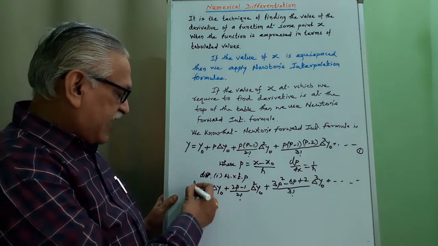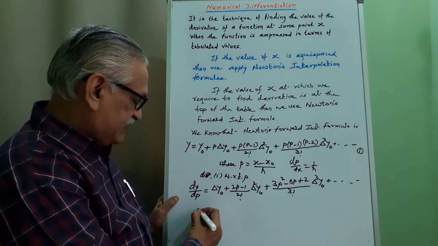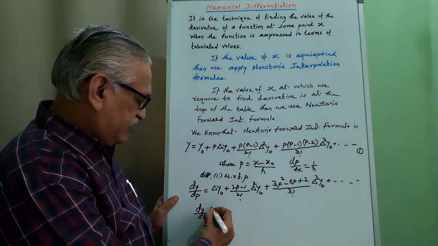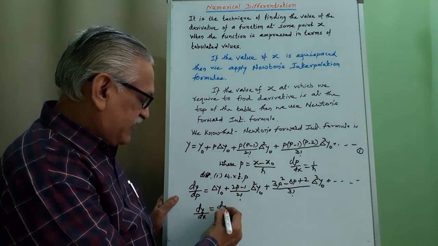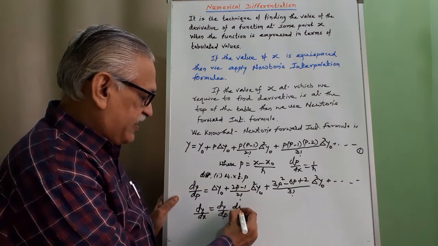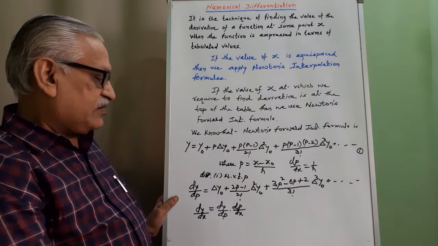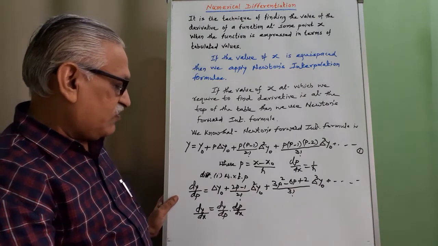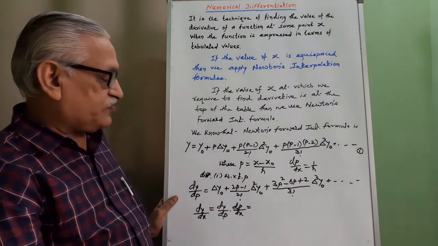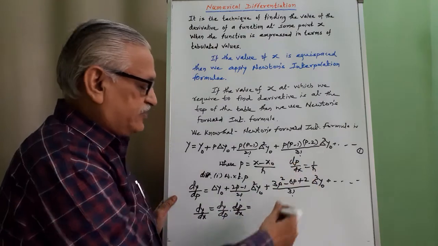And therefore rewriting, dy by dx is equal to dy by dp into dp by dx. If we put the value of dp by dx, it is here 1 by h.